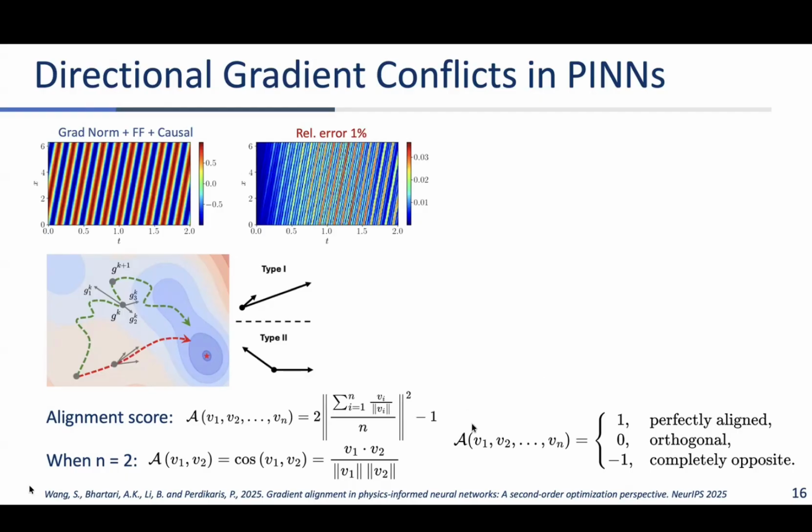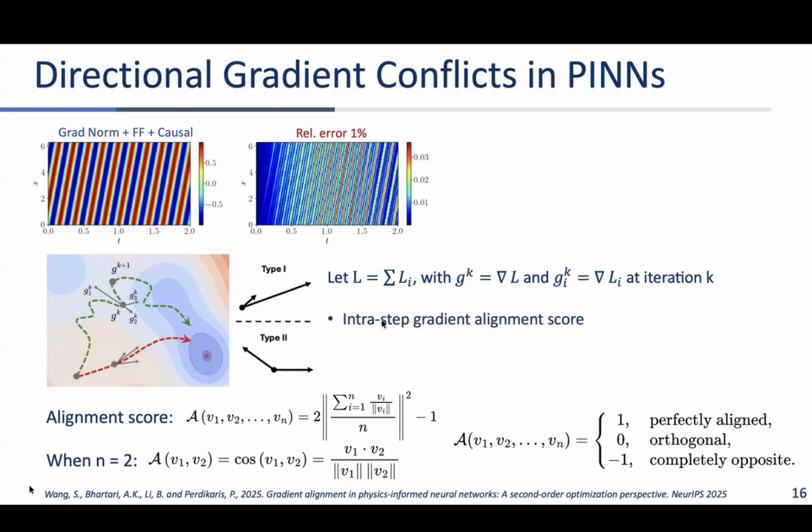So if we further define some notations, we can define some more specific metrics that can monitor the PINN's training. Here we consider a general composite loss, a summation of L_i. We use J_k to denote the full gradient at the k-th iteration of gradient descent, and J_i^k to denote the gradient of the i-th loss term, L_i.